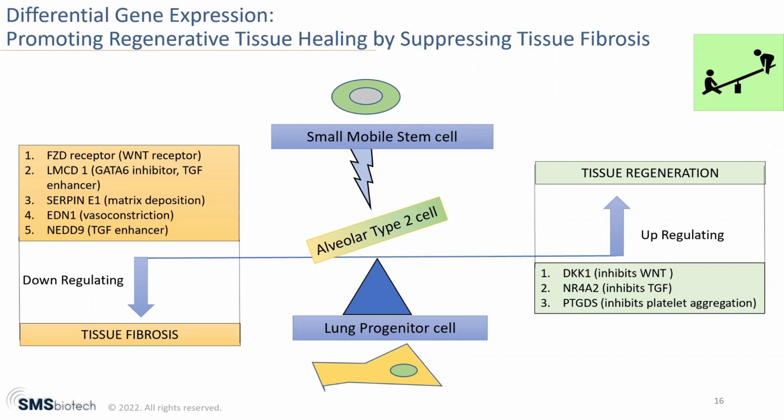So suppressing the tissue fibrosis and enhancing parenchyma cells is really what brings the tissue back. Regeneration means really bringing that status back. That is indeed what we observe regarding the changes in gene expressions. We observed downregulation of the genes that are responsible for tissue fibrosis and the upregulation, the stimulation of genes that inhibit tissue fibrosis.